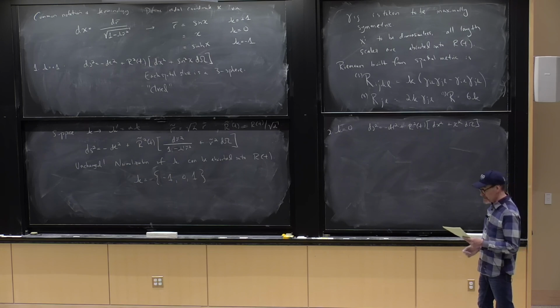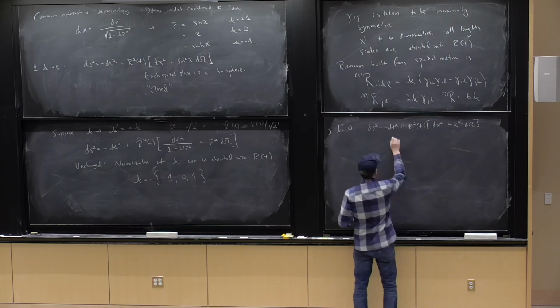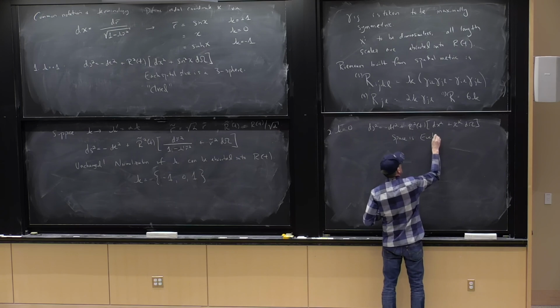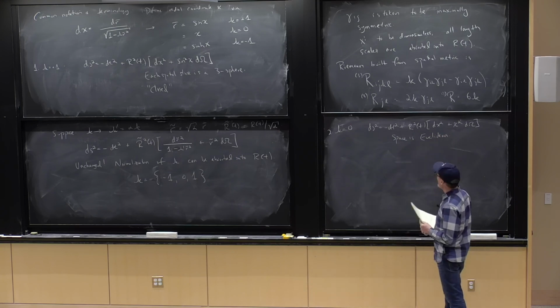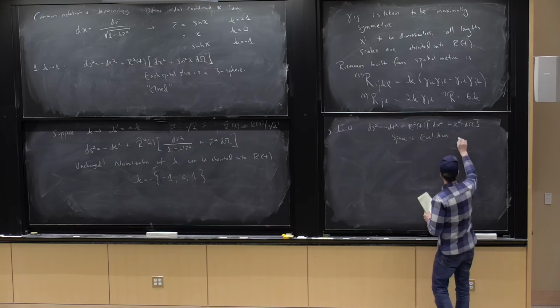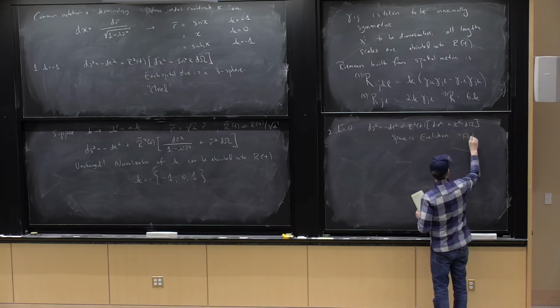Each spatial slice is simply Euclidean space. So this is often described as flat space.